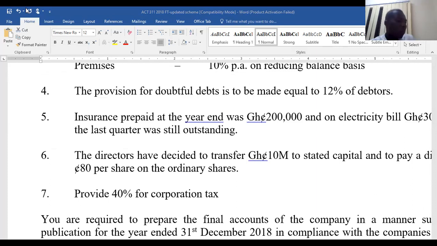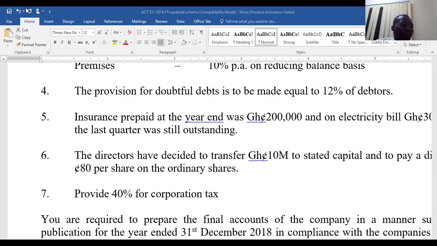So when you come here, you are also going to add the transfer from income surplus. So your total stated capital now is going to be 190,000 and not 180,000.